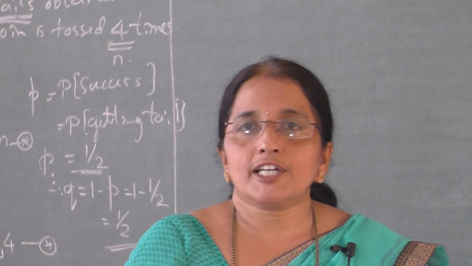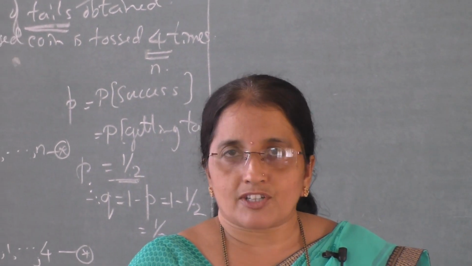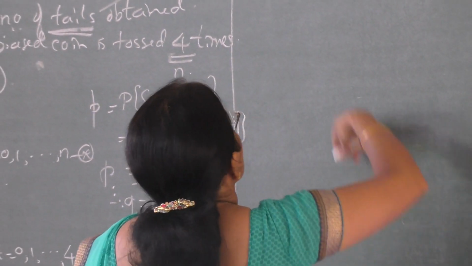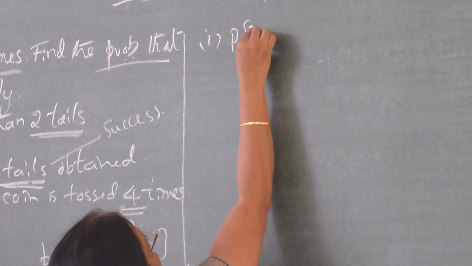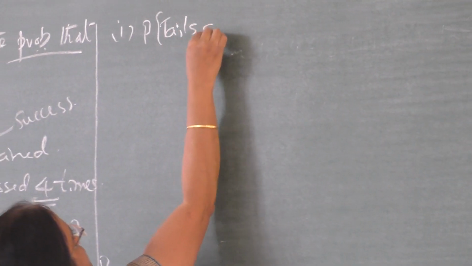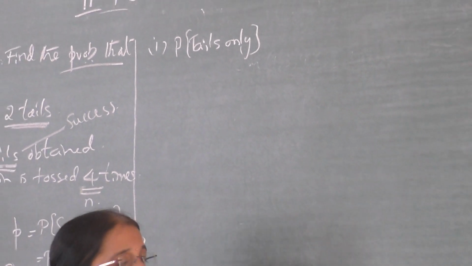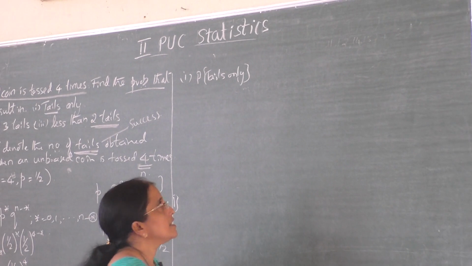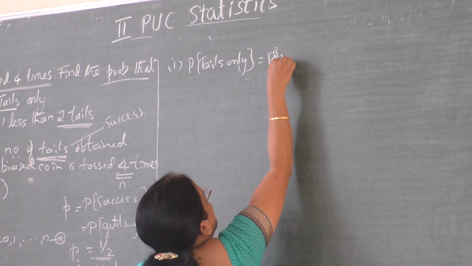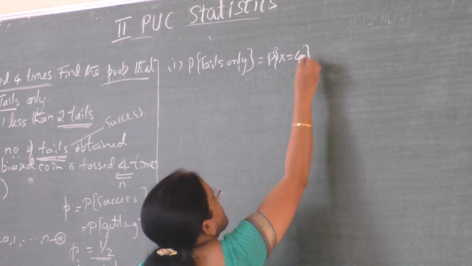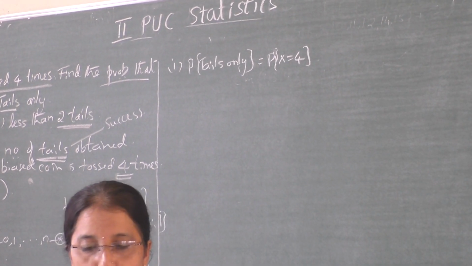It means all the throws must result in tails. So the first question, we can write as the probability of tails only, that is, all the 4 throws must result in tail, which is equal to the probability of x equal to 4.